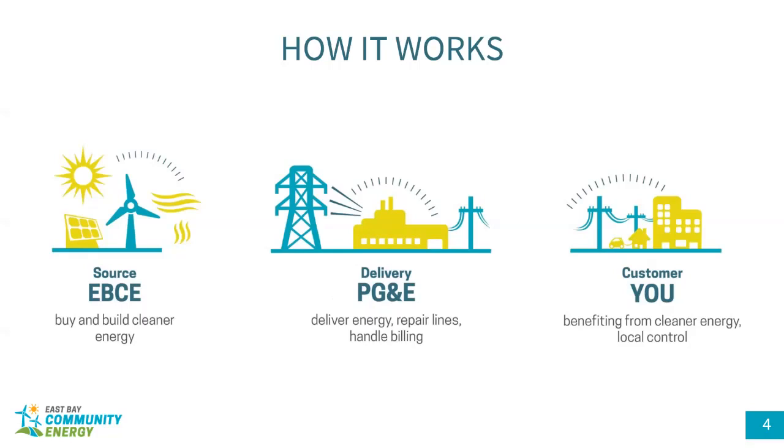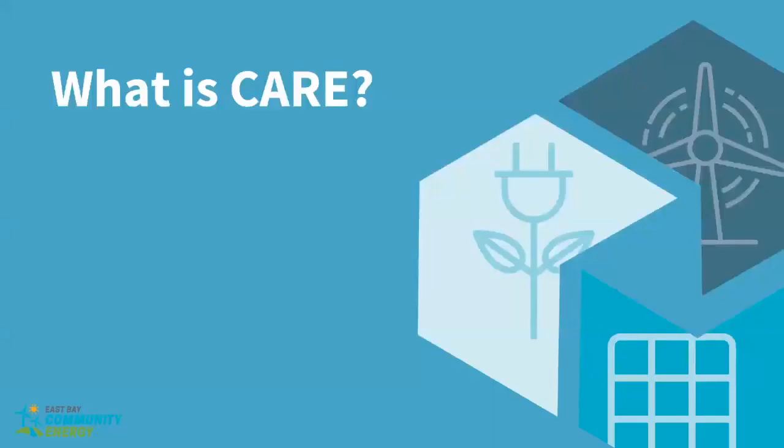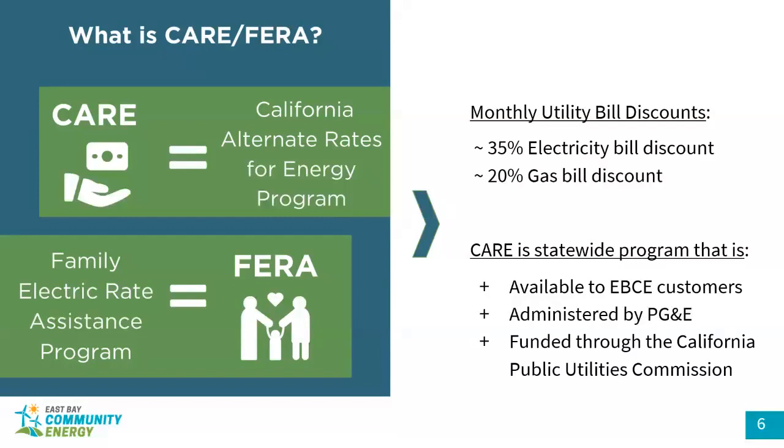So what is CARE? Why are we here today? CARE stands for the California Alternate Rates for Energy program. The CARE program enables qualified households to receive discounts on their energy bills, both the electricity and the gas portion. Participation in CARE results in a monthly discount of around 35% on your electricity and 20% on gas.